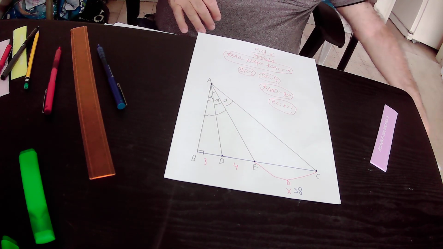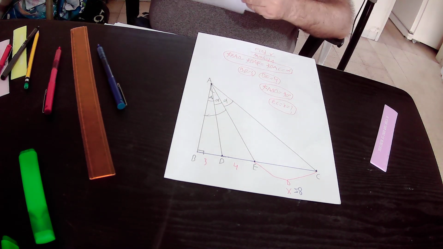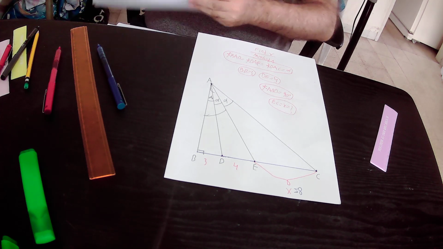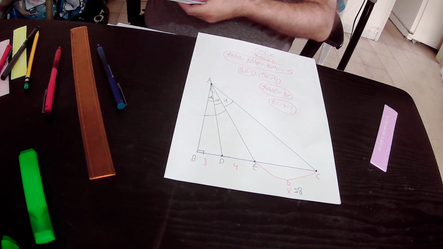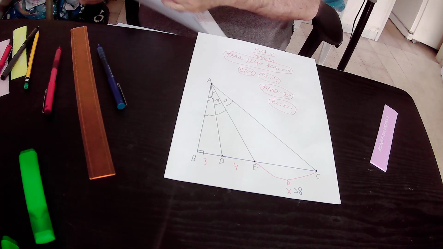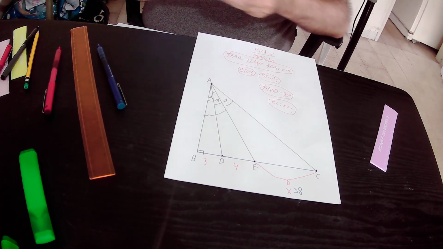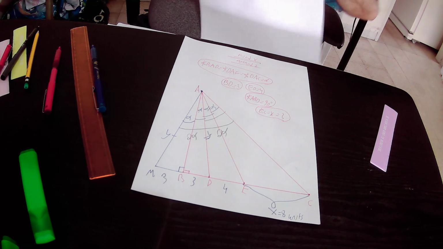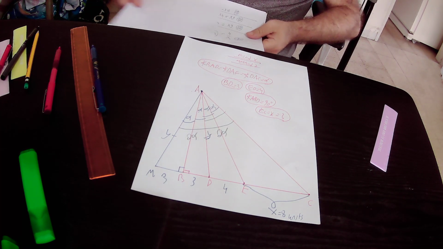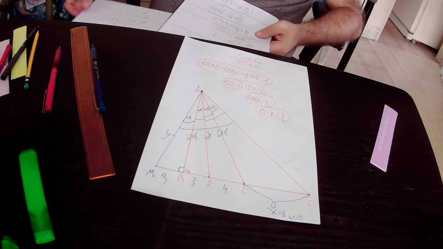That was method 1, and we also found the value of x according to the second method. According to the second method, we actually made here a construction.